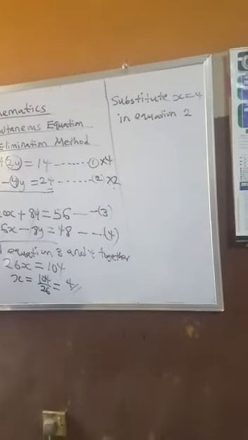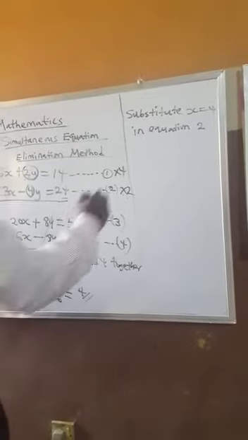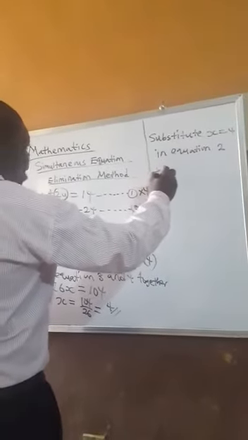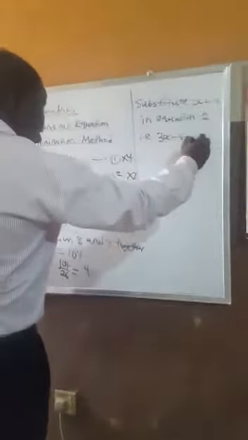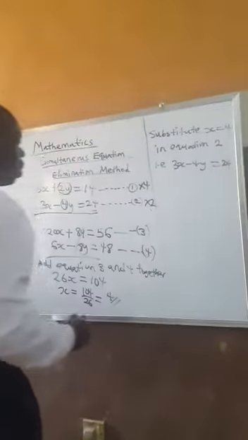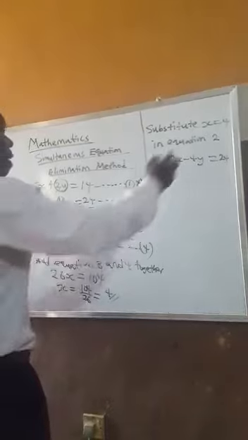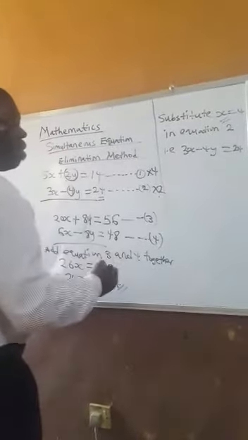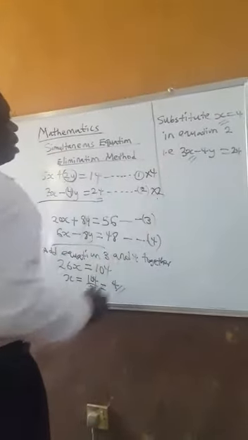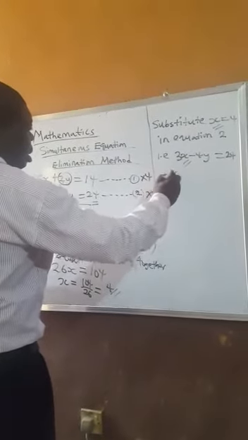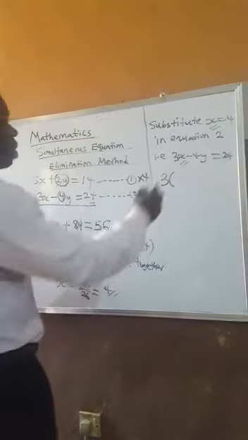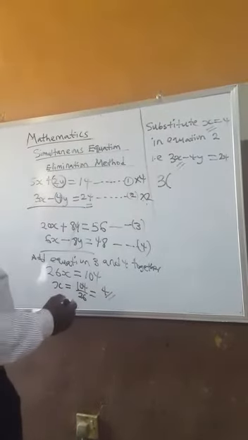Now to do that, you write out equation 2, 3x minus 4y gives 24. The value of x here is 4. So where you see x here, 4 will be inserted. You don't write the x again because the value of x is known already.